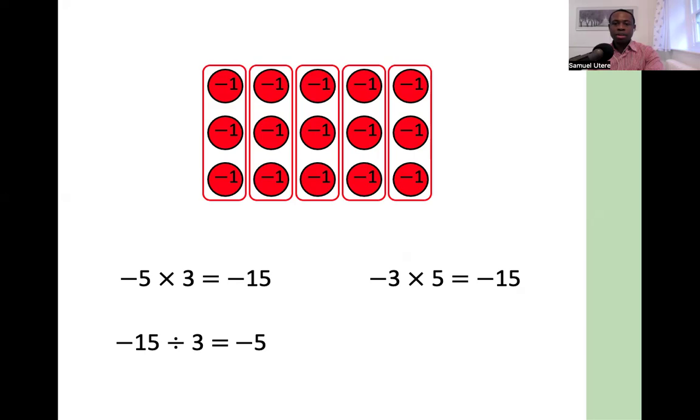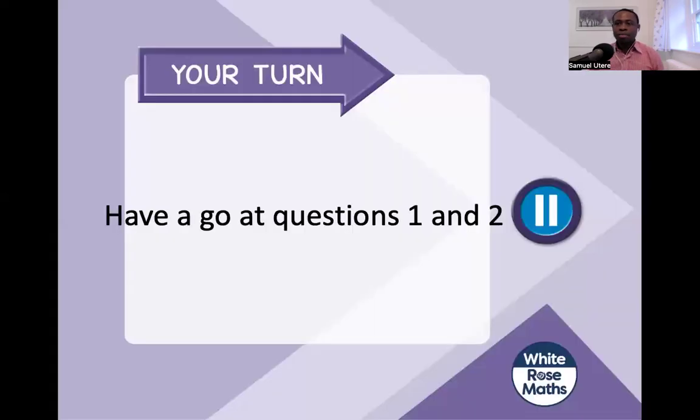The inverse calculation can be negative 15 divided by 5 is equal to negative 3. All right, from what you've learned so far, you have learned that you can have negative division. So, for example, if you have negative 15 divided by 5, that will give you negative 3.